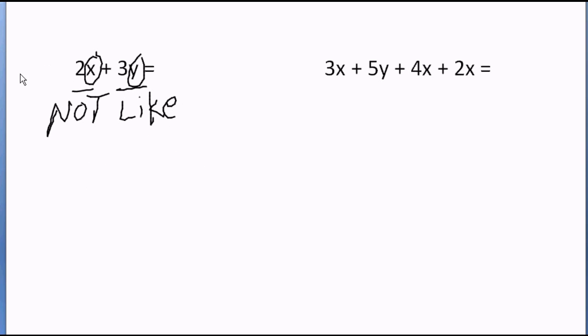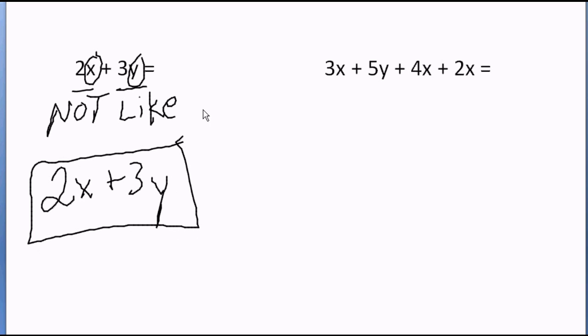In other words, I can't add them. If somebody asks me to combine these terms, what's the answer? The answer is going to be 2x plus 3y. I cannot add them because they are not like terms. So I would just rewrite the problem, and that's it. There's nothing more I can do with this.